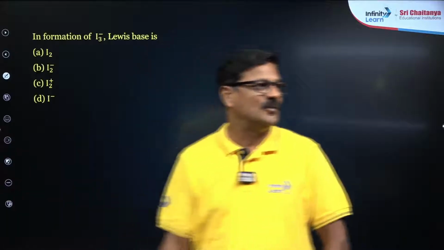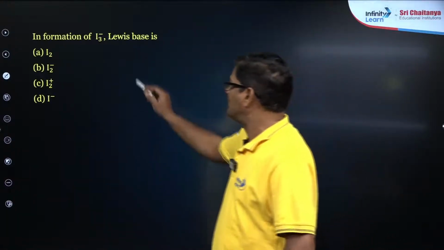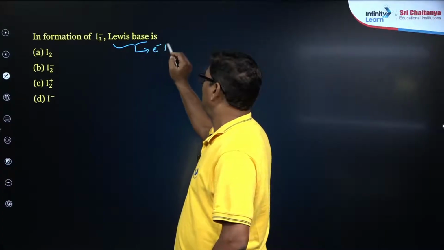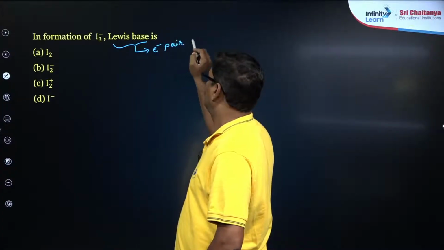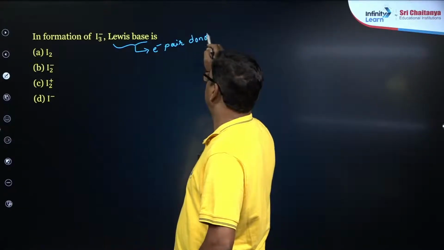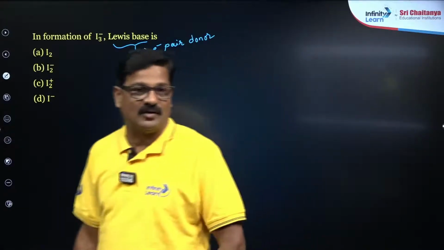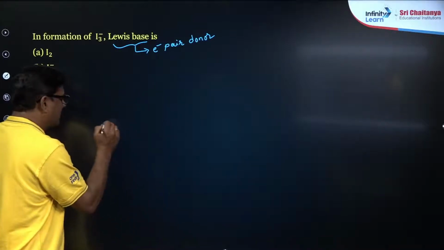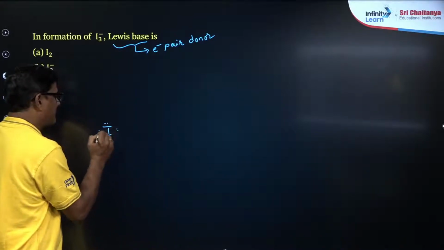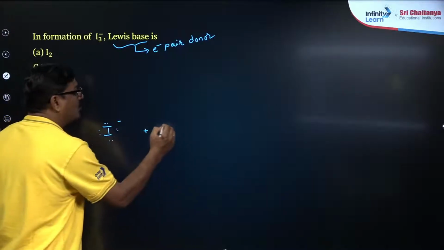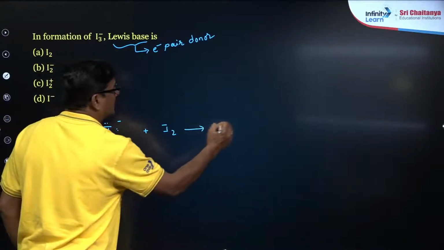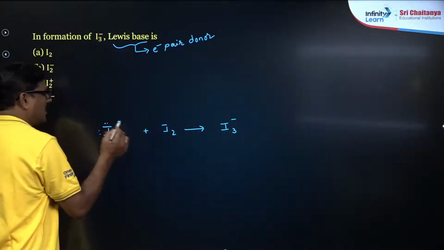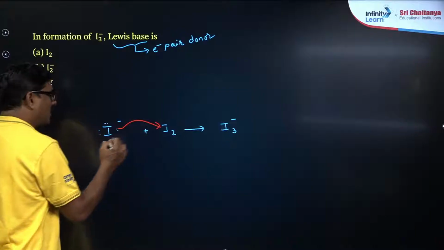Okay, one more. Lewis base means the species which is an electron pair donor. So what happened? I minus donates its electrons to I2, so that I3 minus is formed. I minus is going to donate the electron.